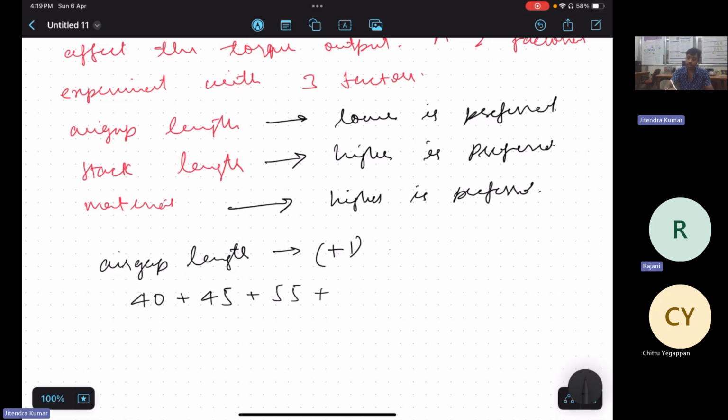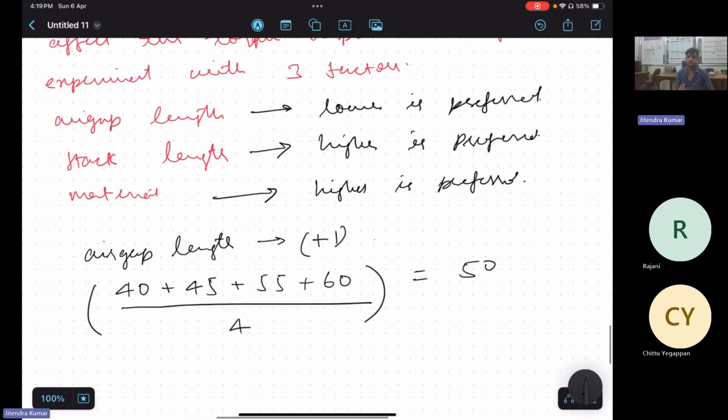In run 8, it is again +1, so 60. Divided by 4. So it will come out to be how much? 50, you are saying? Yes, sir. So it is coming out to be 50, right?